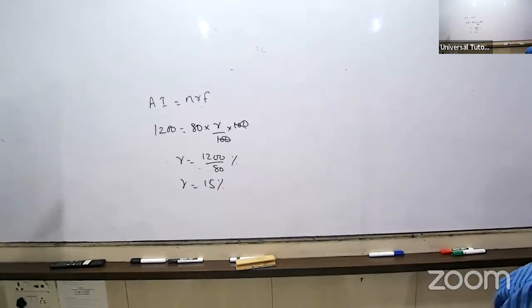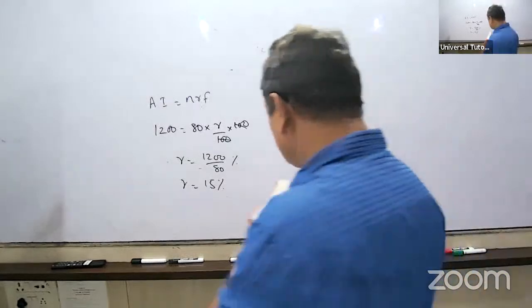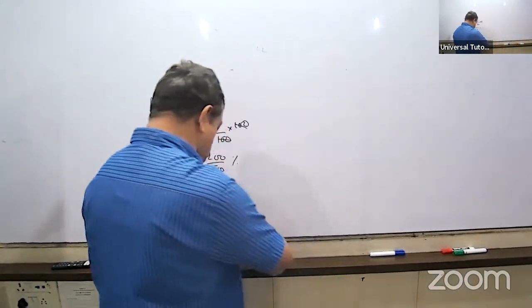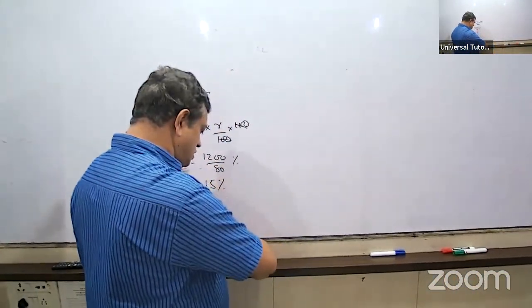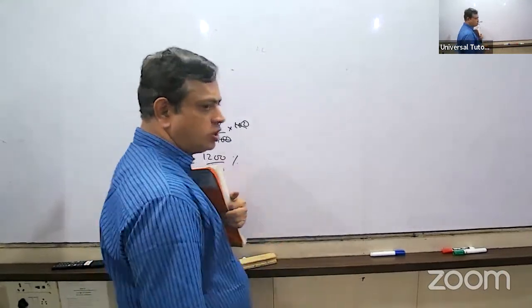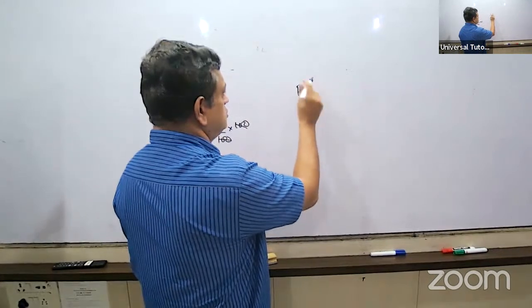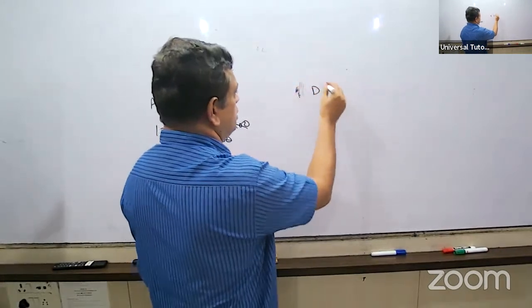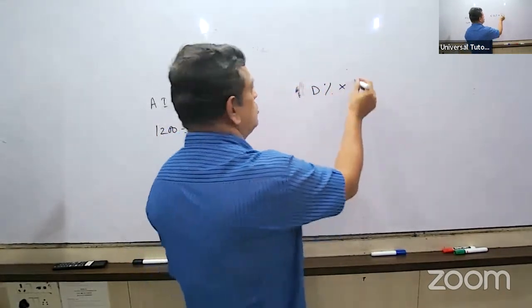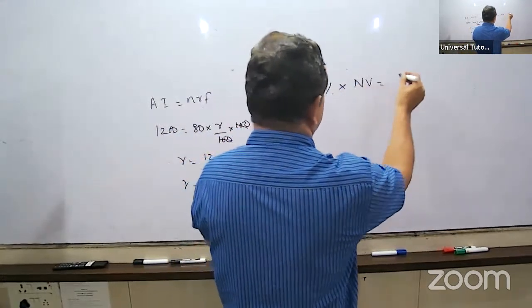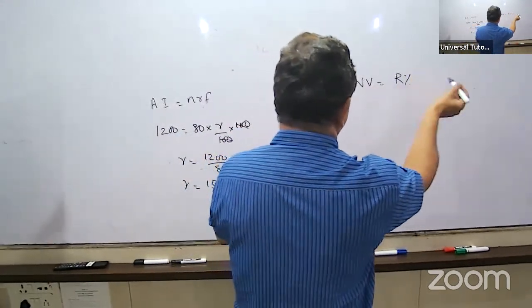Listen. For the first one, what is the rate of return you got? What is the formula you have? Rate of dividend into NV is equal to return percent into MV.